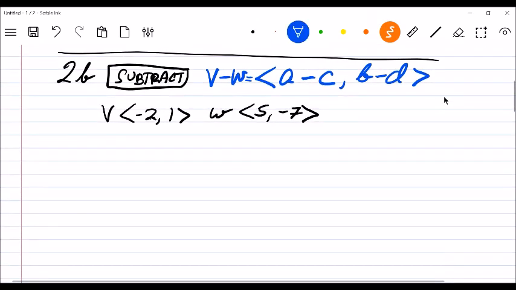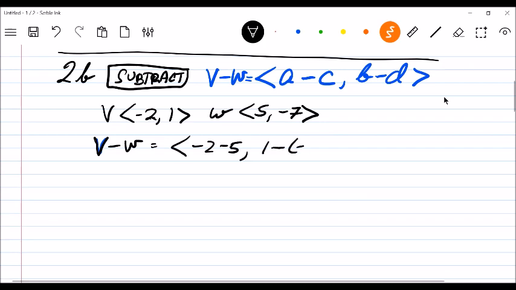So what we'll do is the vector V minus W is -2 minus 5 and 1 minus the -7, which is equal to the vector -7, and then this becomes a plus.